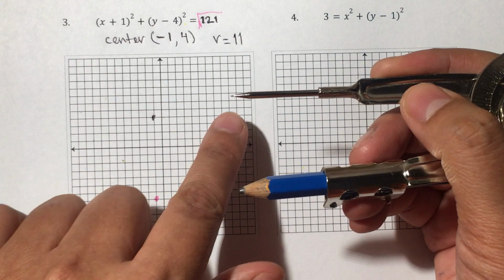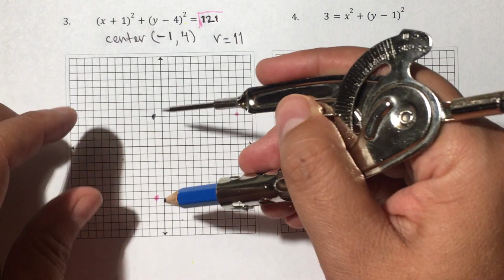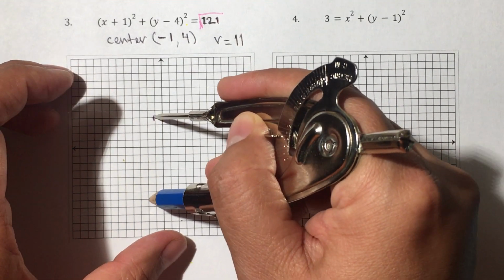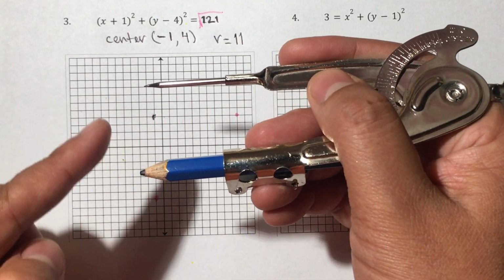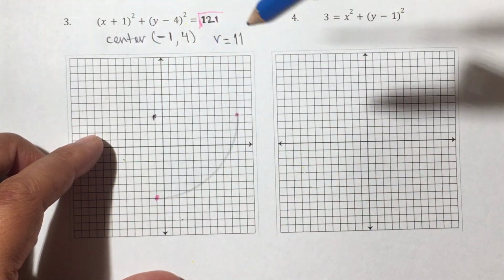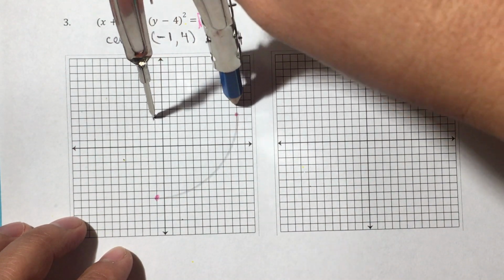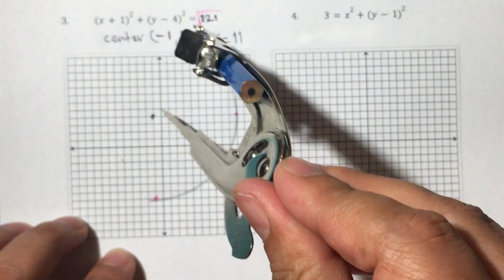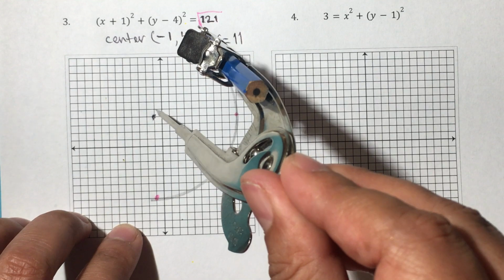If you want to do only one point on the circle, what you can do is just put a different color for the center so that you know where to put your point, and the other one would be your pencil. Okay. See, it's easier to just turn the page.